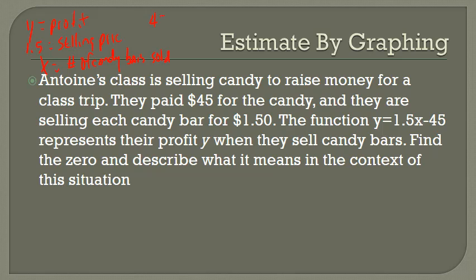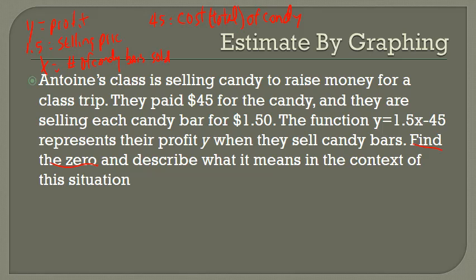And 45 equals the total cost of the candy bars. All right, so that gives us an explanation of our function, but let's get into what we're asked to do. We're asked to first find the zero.